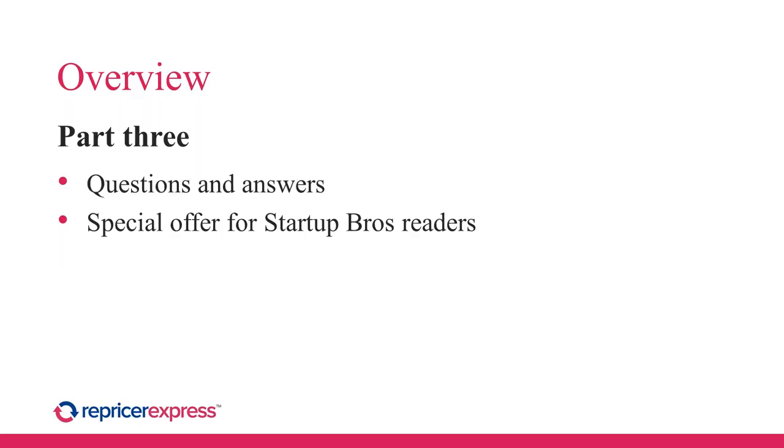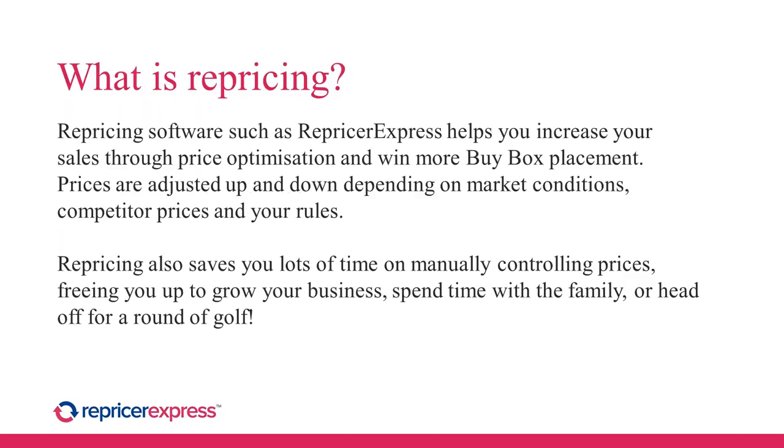So without further ado, let's get started. What is repricing? At its core, repricing is about controlling and optimizing your prices. This means moving your price up and down depending on a set of rules that you've set up in order for you always to be priced how you want against your competitors.